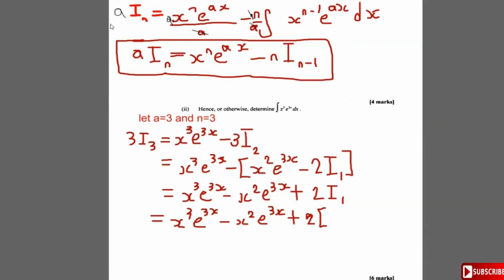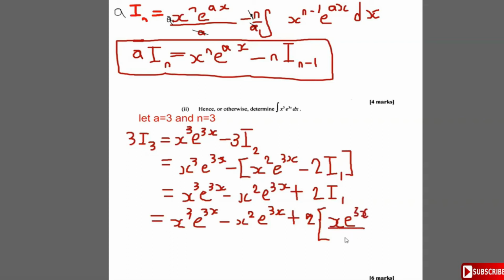And so in reality, truth be told, what we're going to get for I1 is x to the n. In this case, n is 1, so it's just going to be x times e to the ax. A is still 3. And this is being divided by 3.